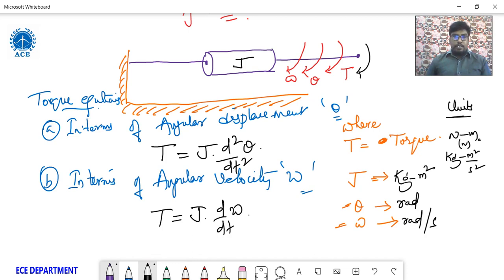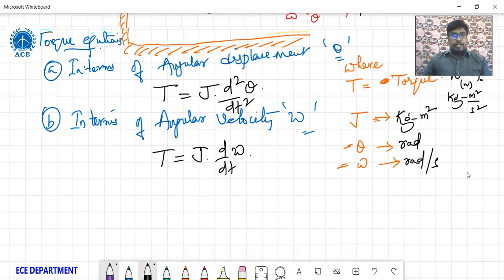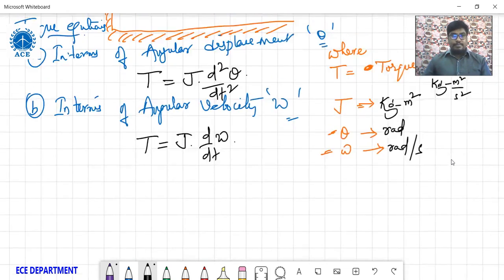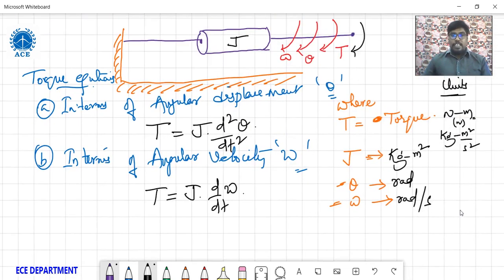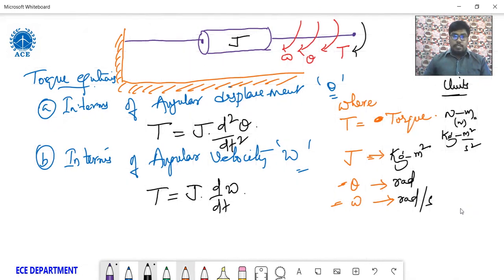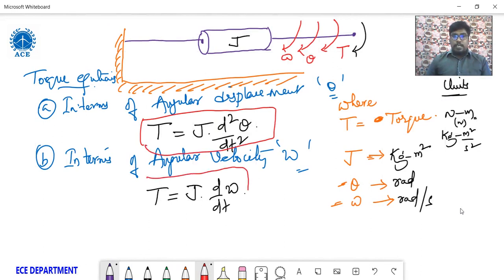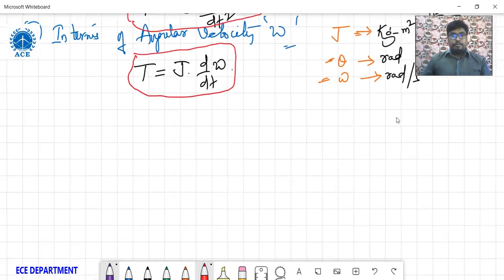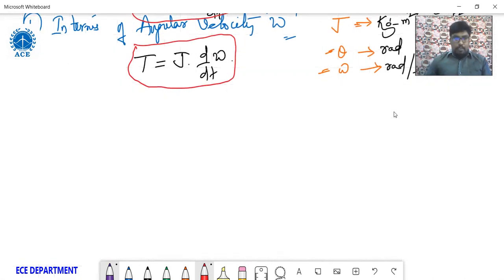All the terms are completed here. So this is about the inertia element. You need to remember these formulas whenever the torque is applied to an inertia element.